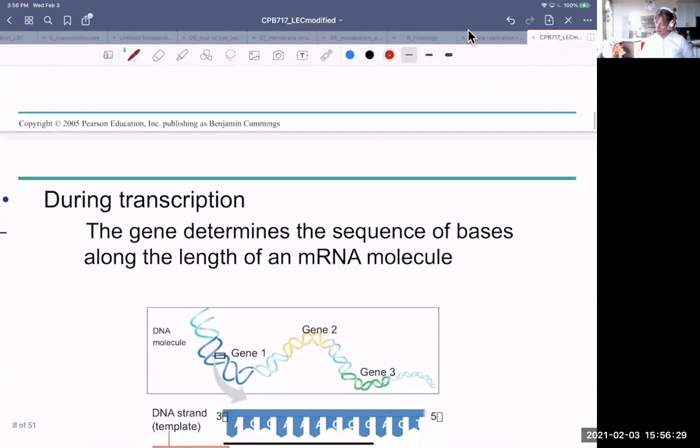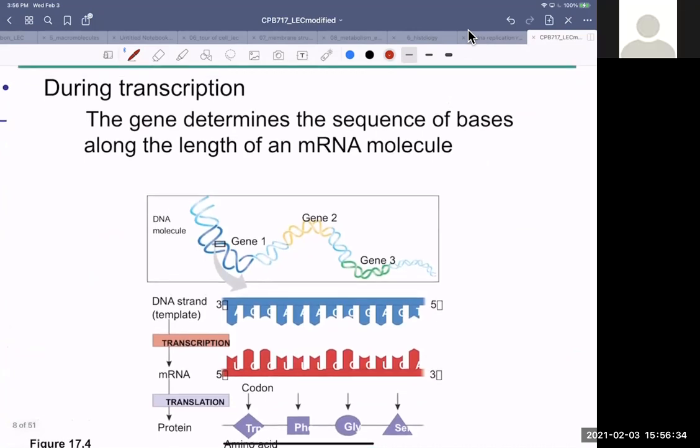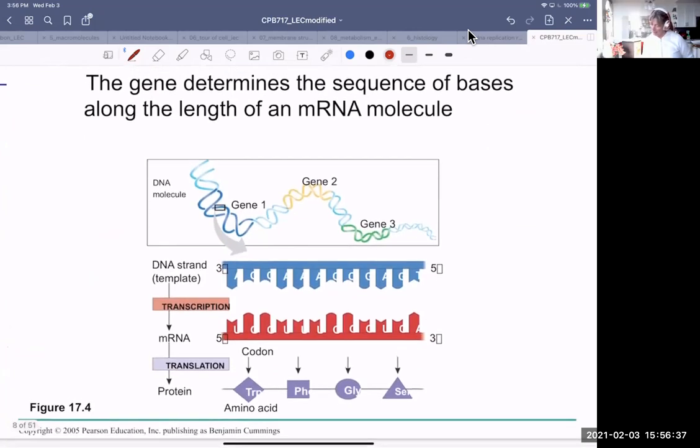So during transcription, the gene determines the sequence of bases along the length of the messenger RNA molecule. So here's DNA, the double helix, 3 different genes shown here. And here's a part of this gene, just showing one strand, because only one strand is transcribed. So in a DNA parent molecule, only one strand is transcribed.